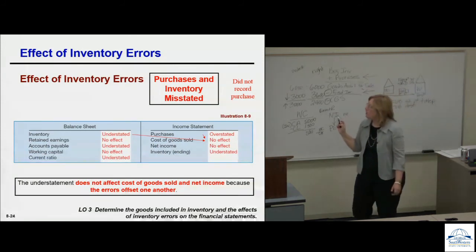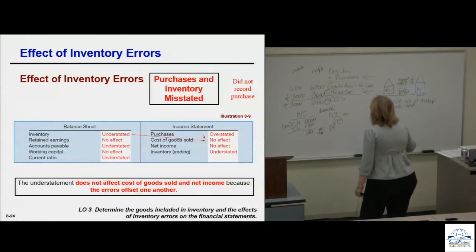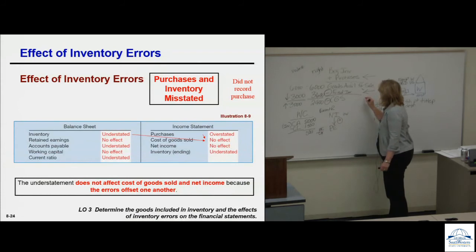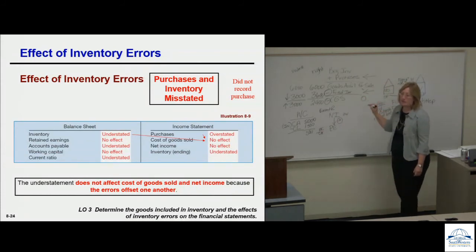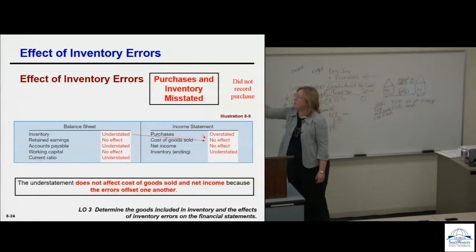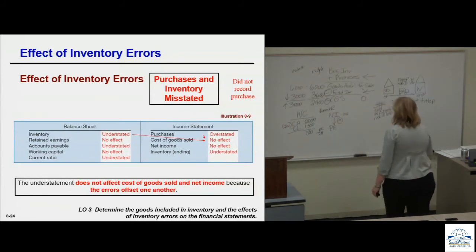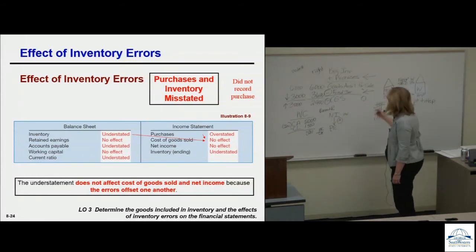So there's no effect on cost of goods sold. As far as cost of goods sold, there's zero effect. See? No effect on cost of goods sold, which means no effect on net income. But where is there an effect? Our ending inventory is understated.